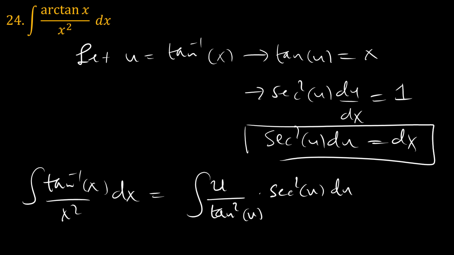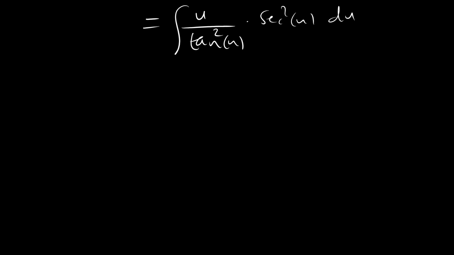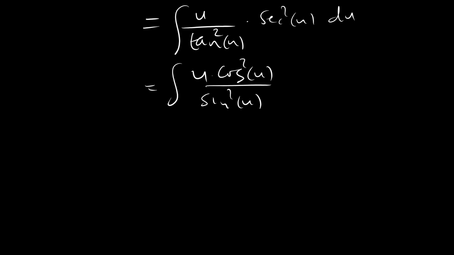Okay. So now we have u over tangent squared of u, which is cos squared of u over sine squared of u, times 1 over cos squared of u.